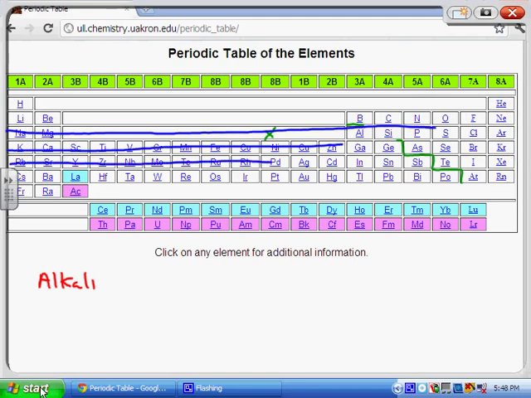So this is just a quick look at how the periodic table developed and a few characteristics that you can pick out. Now, something we will be working on is electron configuration, and we can use the periodic table to figure that out. And really, electron configuration just tells where we expect to find some of the different electrons that make up an atom.